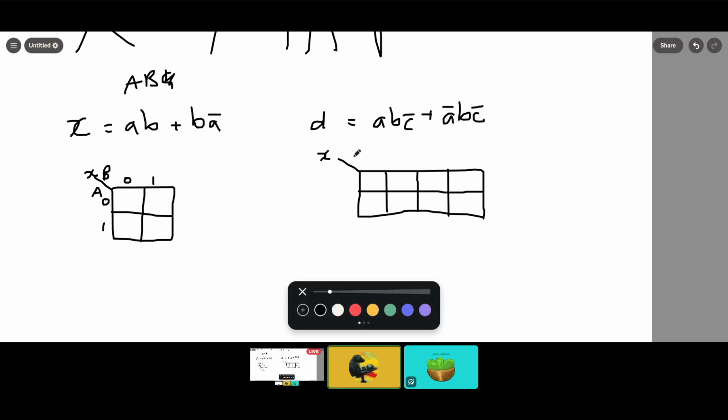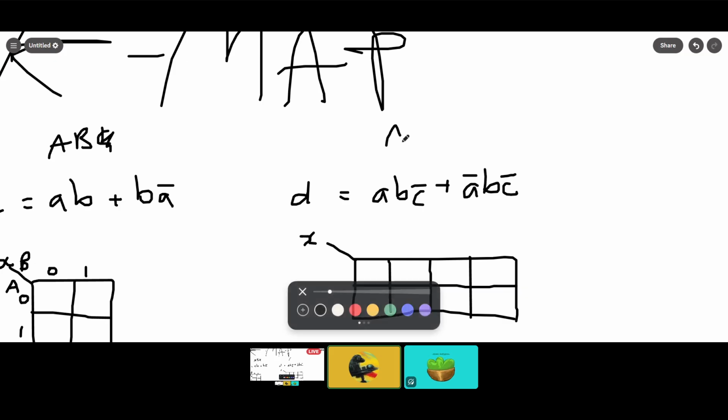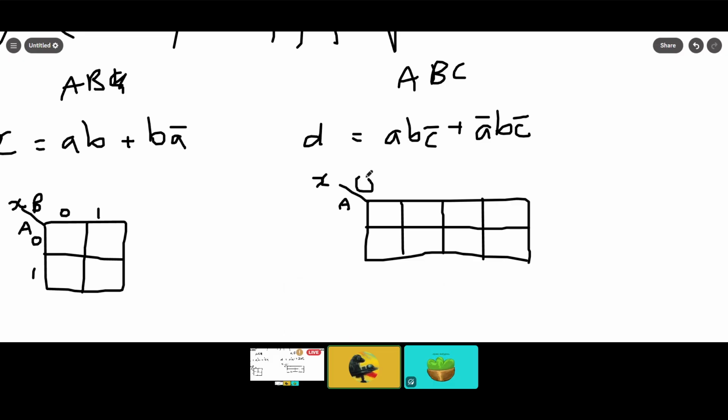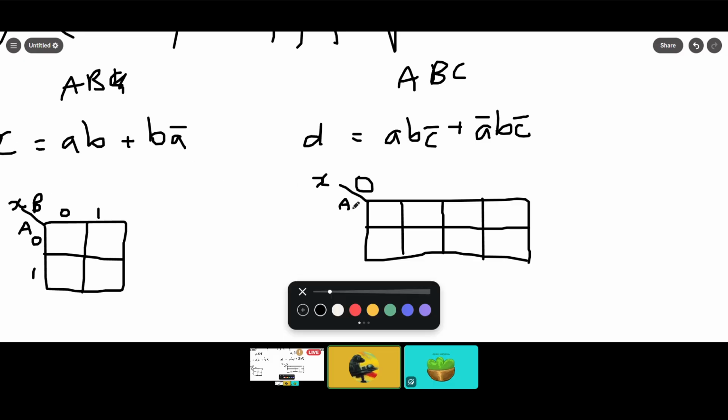Now, let's say in the question, they give you a, b, c. Start with a, then we have to do the two other variables. There are two variables remaining, and you start with b. There's supposed to be a variable here, but we have two more variables now. It's okay. We just write bc.